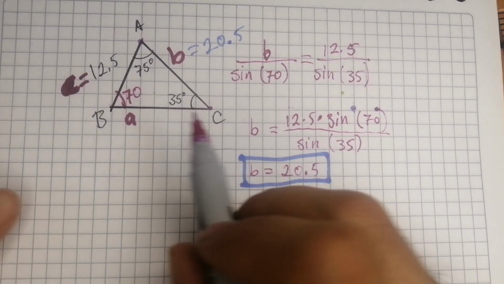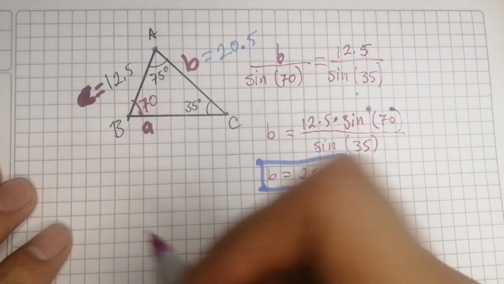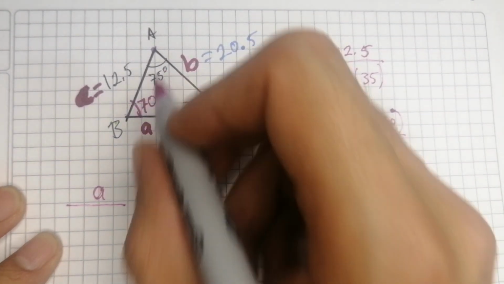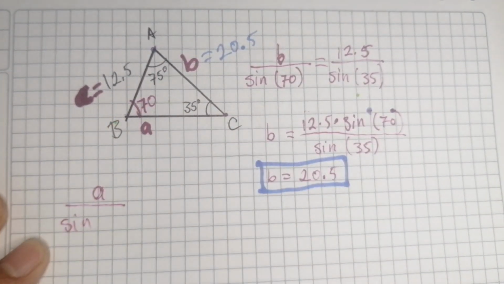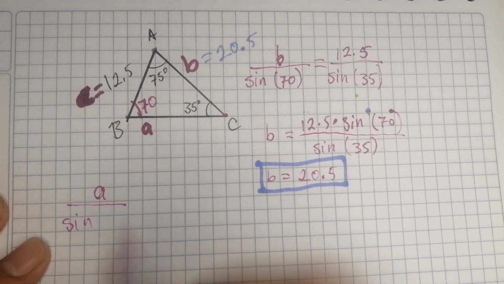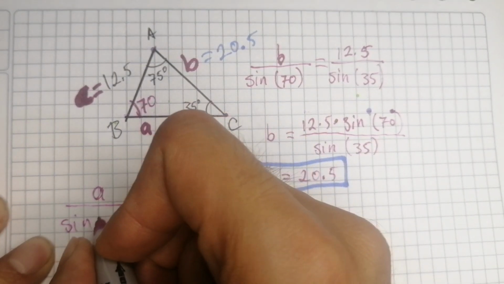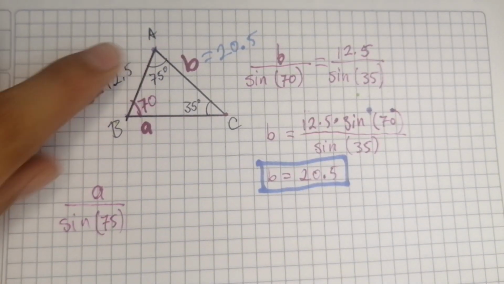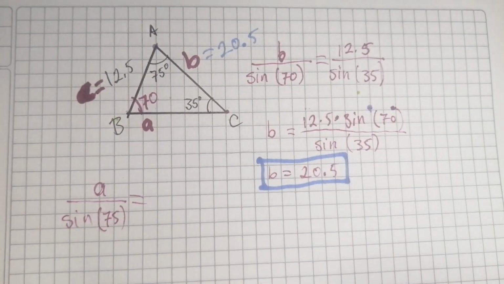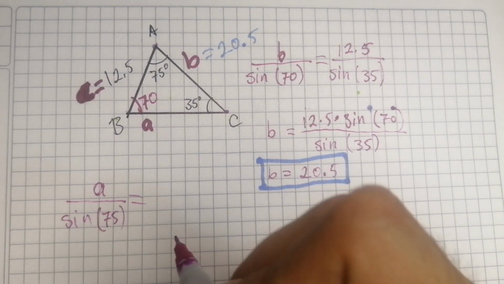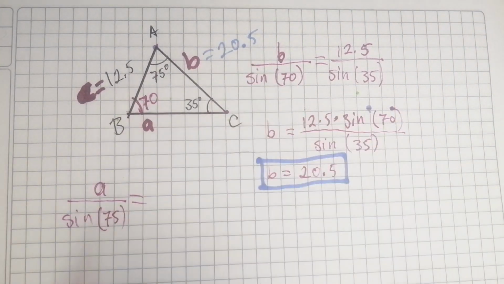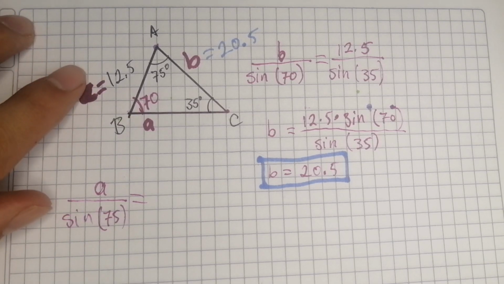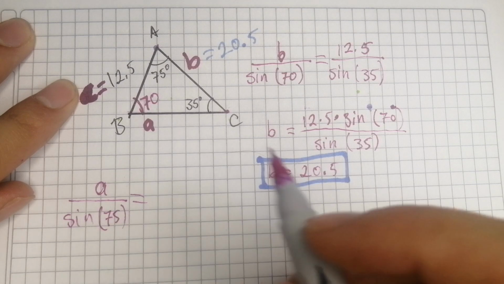We proceed in the same way for A. So we have that A divided by the sine of 75, because it's the uppercase A, so that's the value of the angle A, is equal to what? We can choose any one we want, but I usually prefer to use the original data of the problem, so I'm going to go with C again.